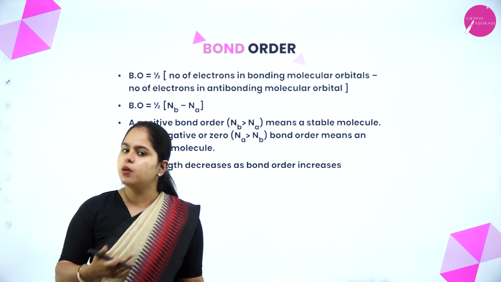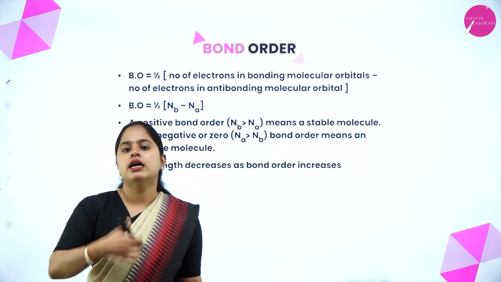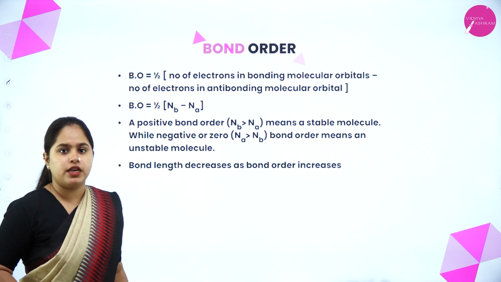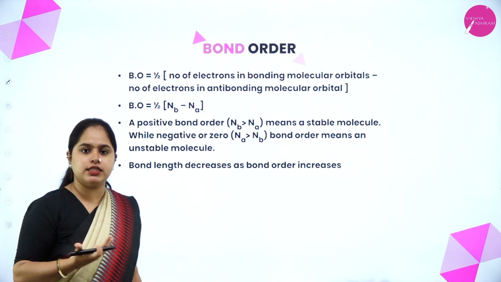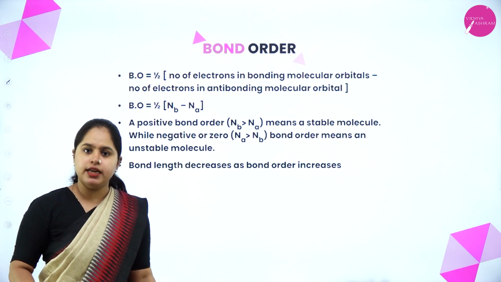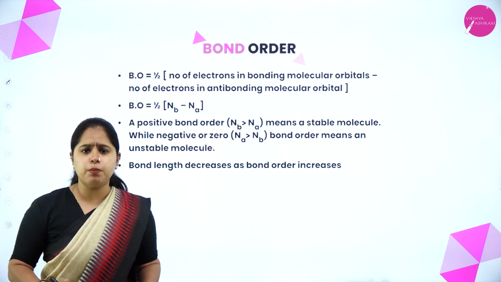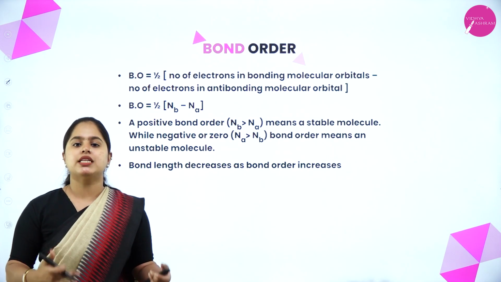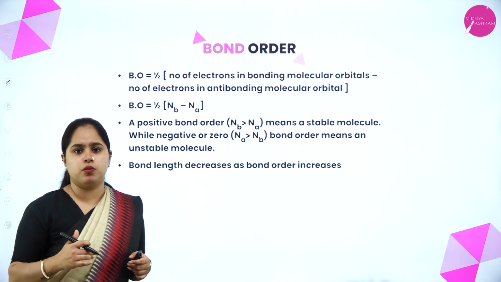If it is a double bond, the bond order is 2. If it is a triple bond, the bond order is 3. Right? So, how do you calculate the number of bonds? That is the bond order. Using this equation, that is half into the number of electrons present in the bonding molecular orbital minus the number of electrons present in the anti-bonding molecular orbital.